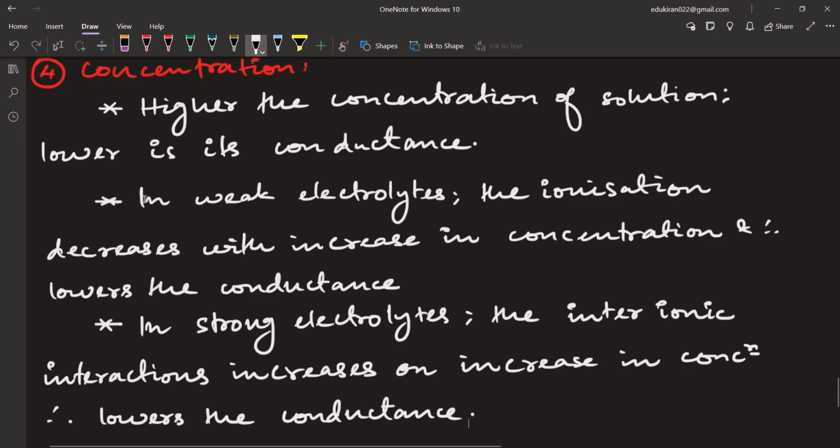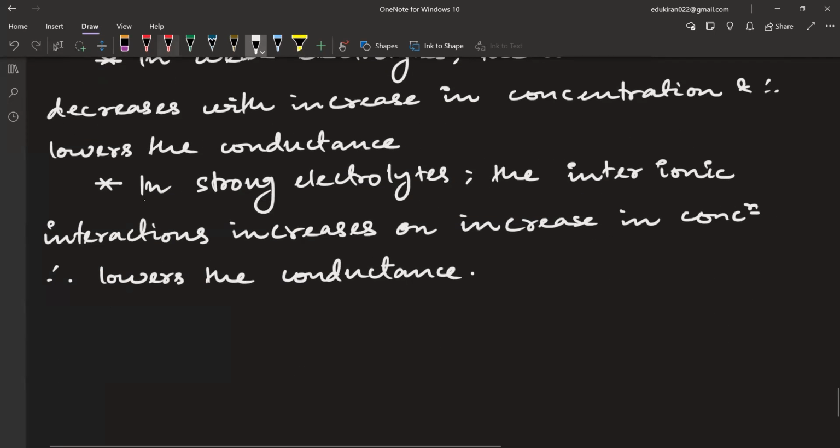Okay, now write the fifth point that we have written already while writing the difference of electrolytic conductance and metallic conductance: temperature. So when we increase the temperature, what is going to happen? The ions will move faster, and when the ions move faster, the conductance will increase, right?